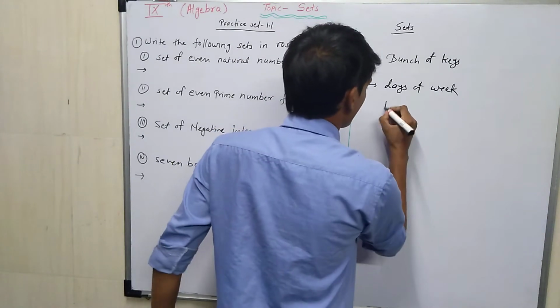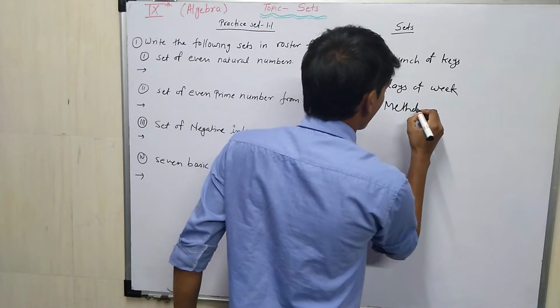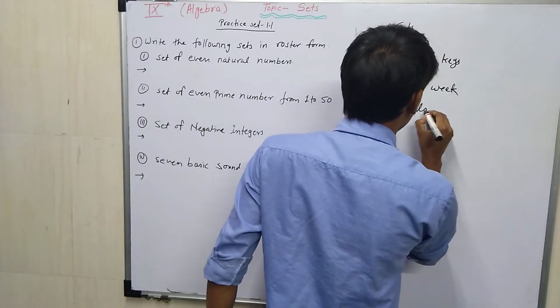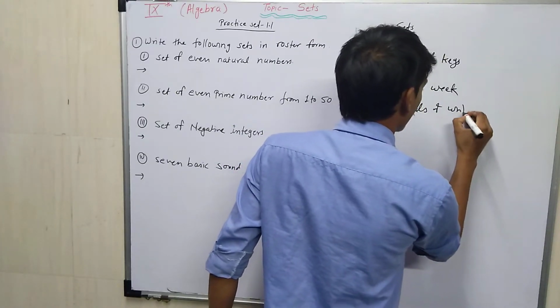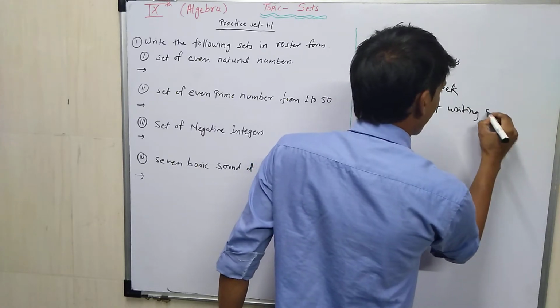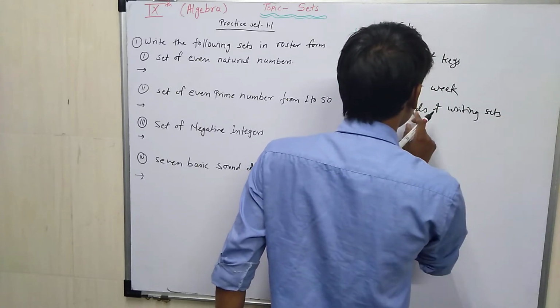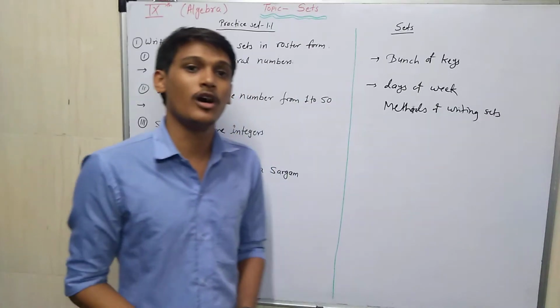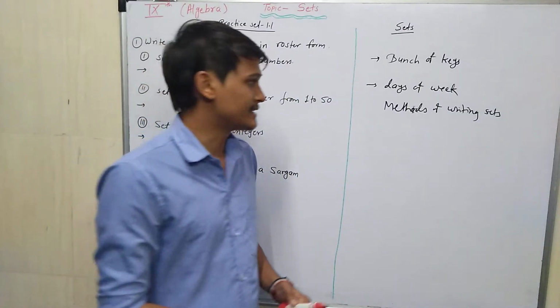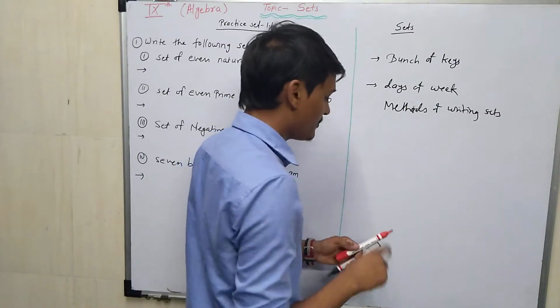Next is the methods of writing sets. There are two types.